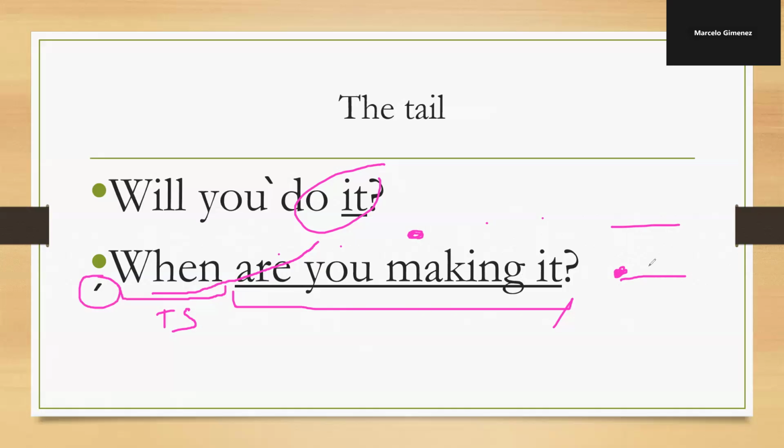"When are you making it?" So you see it moving upward, okay, that's the direction.